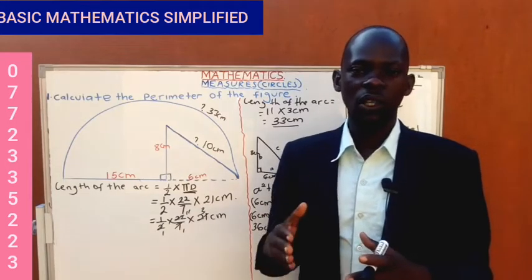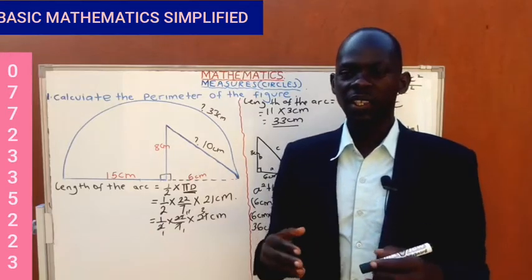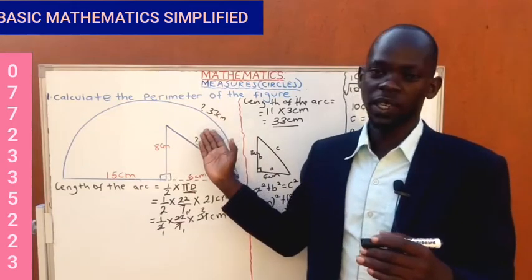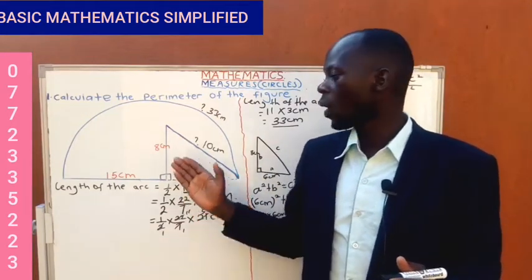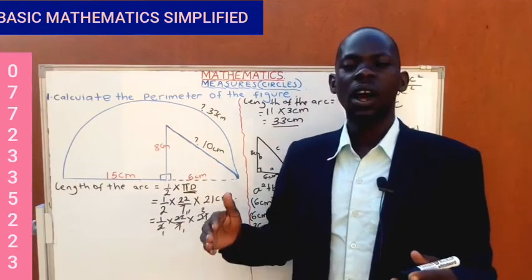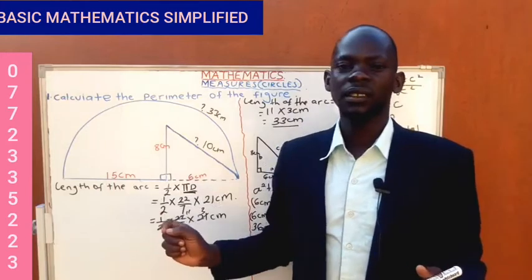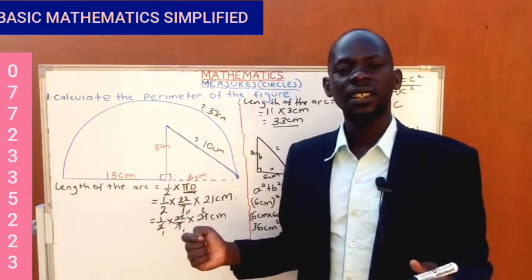Quadrants are a quarter of a circle, whereas semicircles are a half of a circle. Then there are some sectors that don't have angle 180 or angle 90 degrees. When it is 180, that's a semicircle. When it is 90, that is a quadrant.